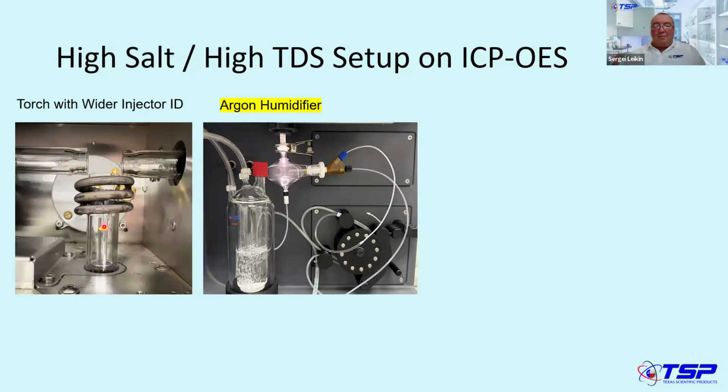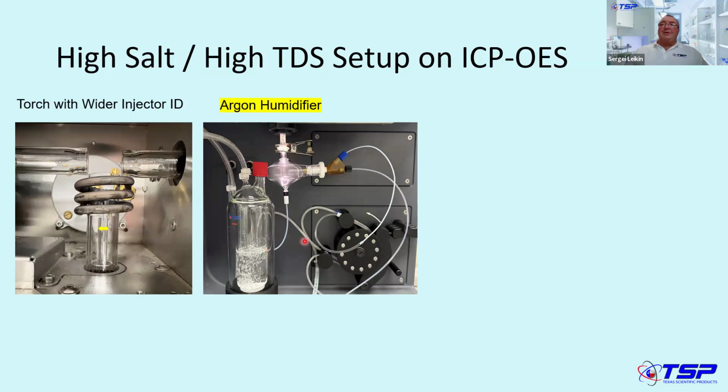And the users are struggling because it will salt up any nebulizer, whether it is high solids capable or not high solids capable. So in order to maintain good health of your nebulizer, the argon humidifier must be in line, which is basically a vessel with different designs.